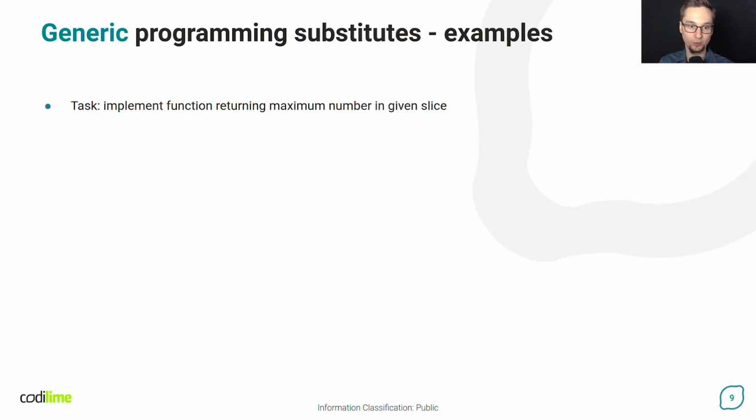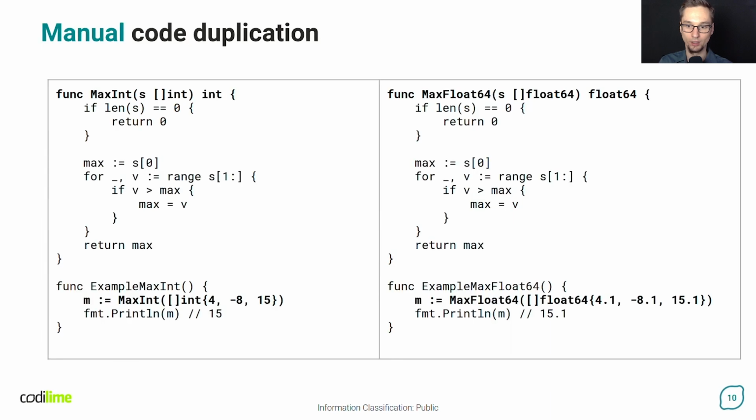Let's assume we have a task to implement a function returning the maximum number in a given slice. So we could use manual code duplication here. The programmer could define one function for each type. So we have maxint taking a slice of ints, and max float 64 taking a slice of float 64s.